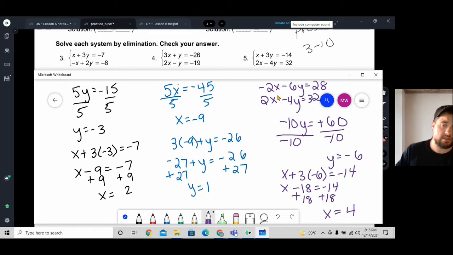We're going to check our answer. So 2 times 4 is 8, and negative 4 times negative 6 is positive 24, and 8 plus 24 does equal 32. So we know our solution is correct.